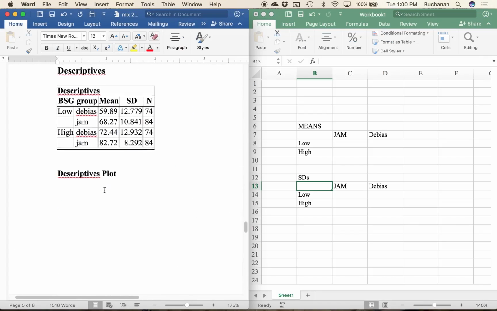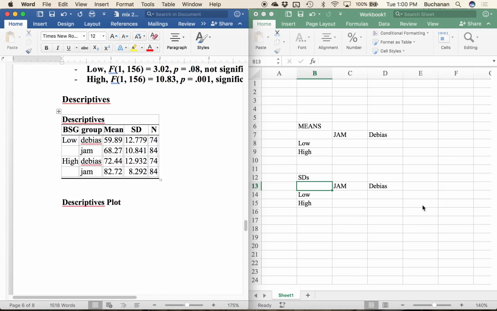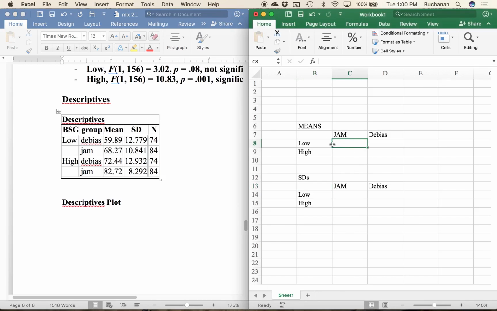So for low in the, well, I probably should have done these in the other order, but 59.89. And then low jam is 68.27. And then we've got 72.44.